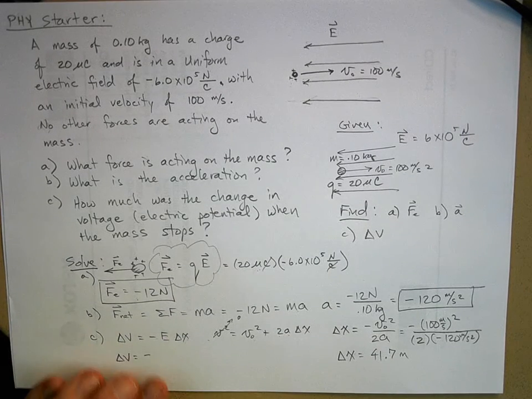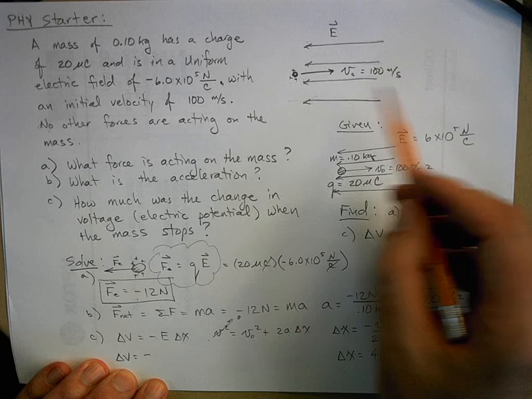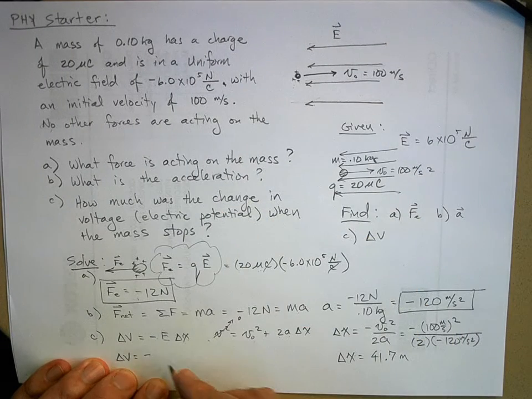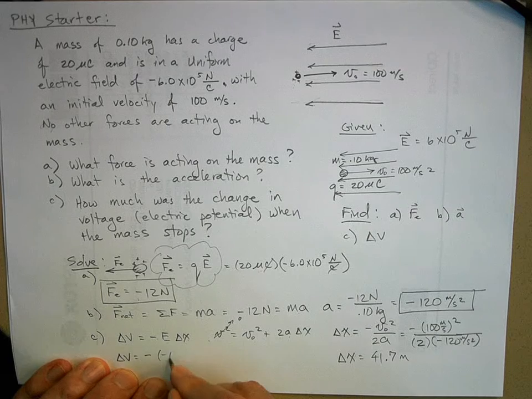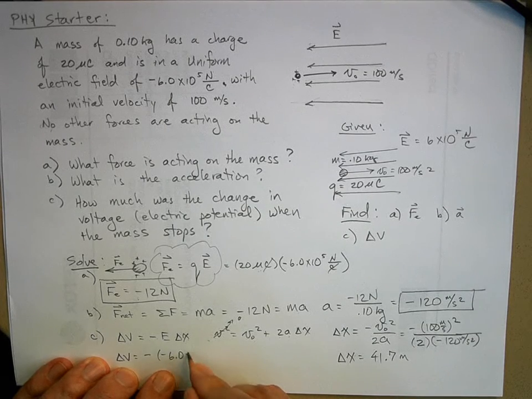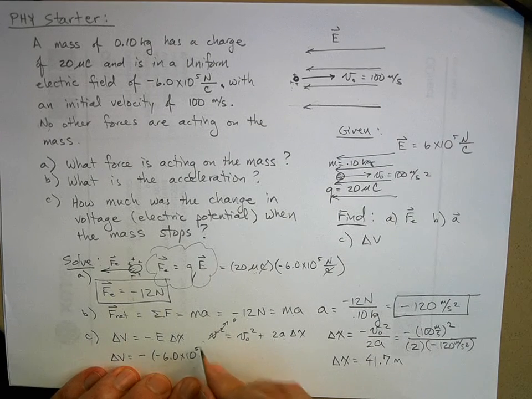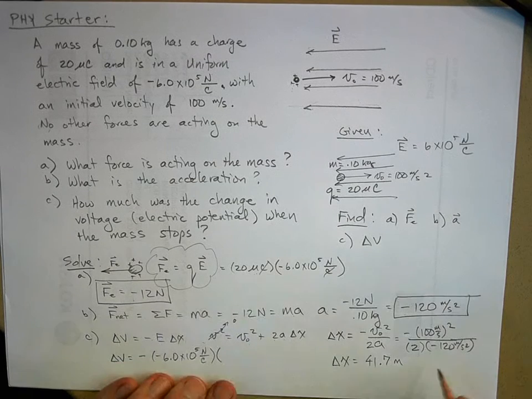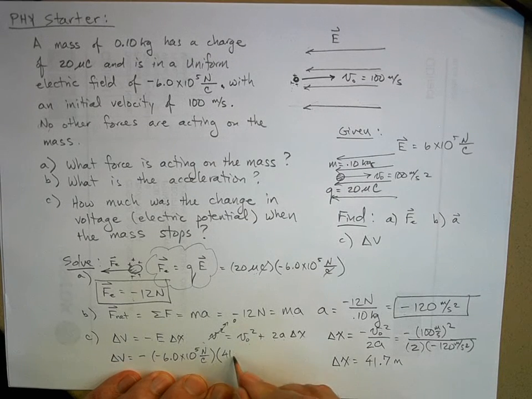Negative, oh, this is going to be a big number. E is negative 6 times 10 to the 5 newtons per coulomb. And then this is going to be 41.7 meters.